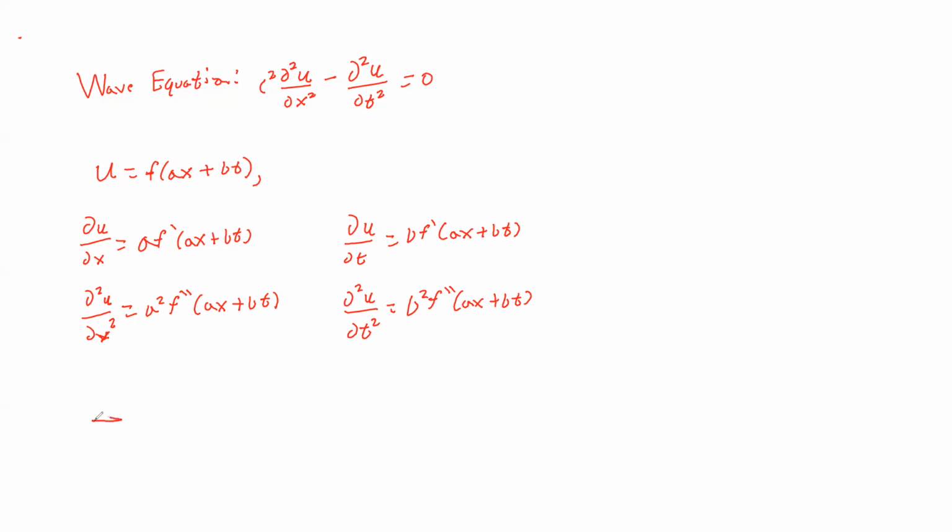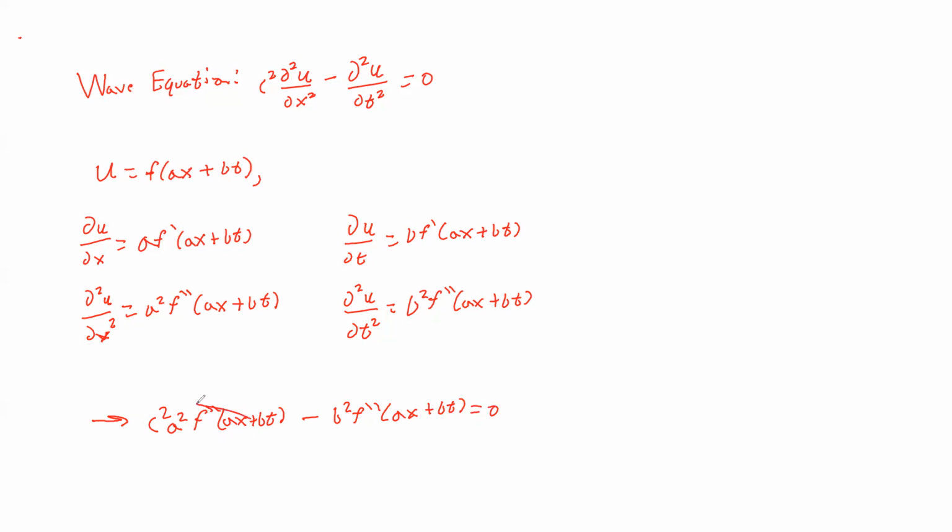So I'll put it down here at the bottom. So we're going to have c squared times a squared f double prime (ax plus bt) minus b squared f double prime (ax plus bt) is equal to 0.